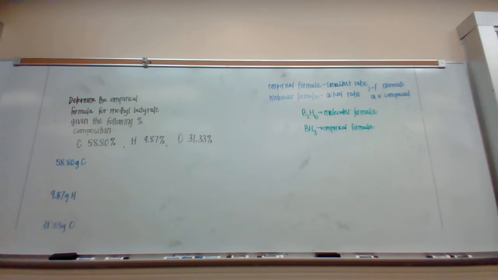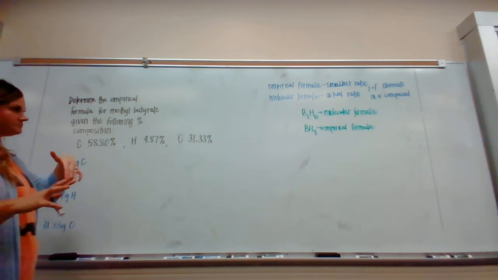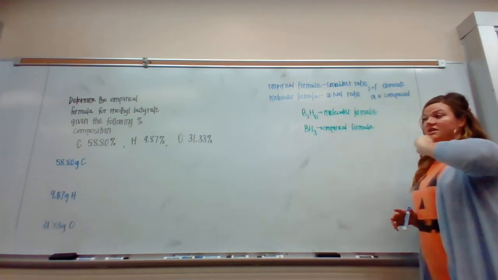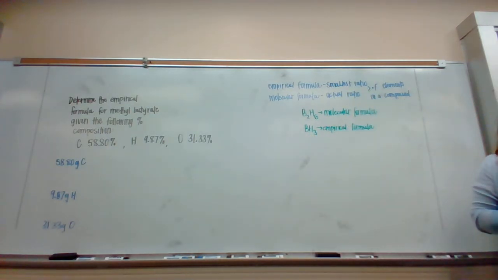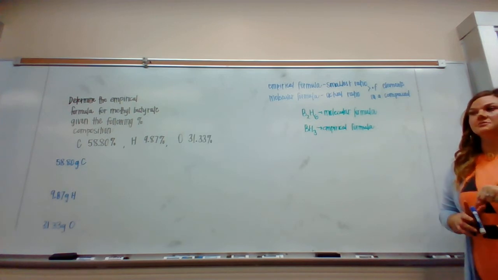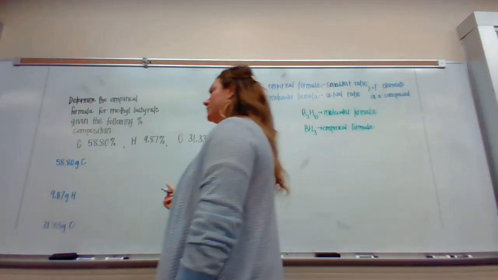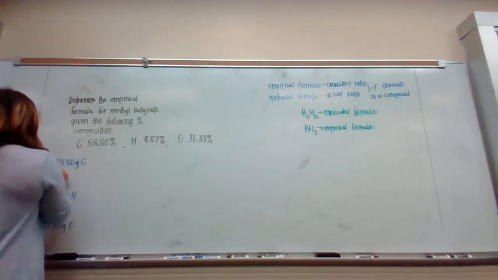All right. When we are writing formulas, these numbers, these subscripts, correspond to how many moles of each of those elements. So, first thing we need to do is convert all these grams to moles. All you have to do is divide by each of their molar mass.